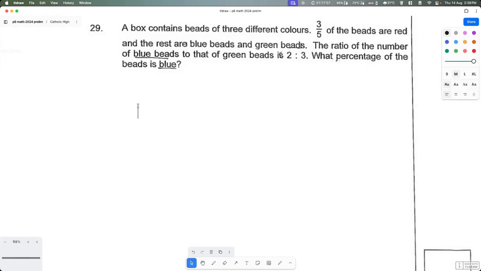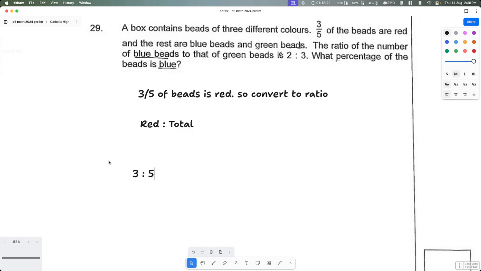Okay, so we know that 3/5 of the beads are red. So convert to units in ratio. In this case, red is to total, which is 3 is to 5.